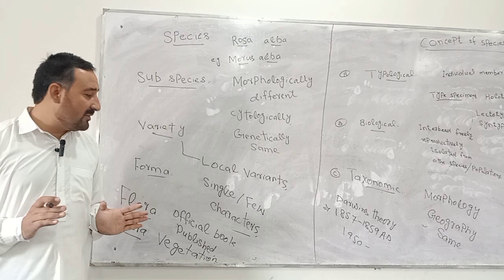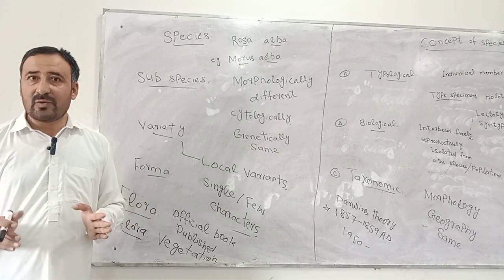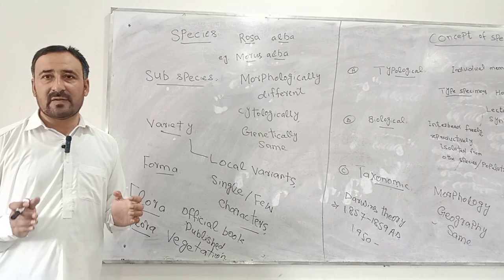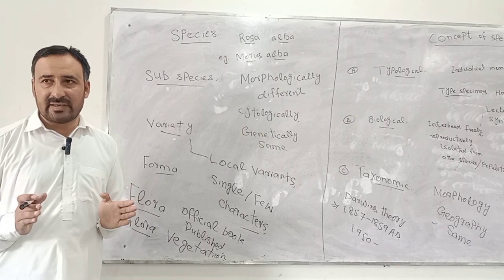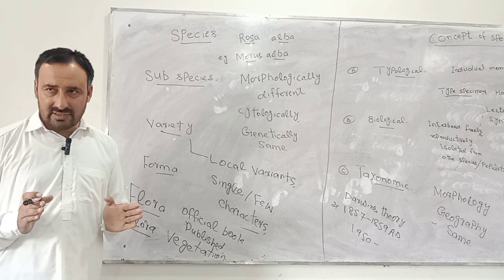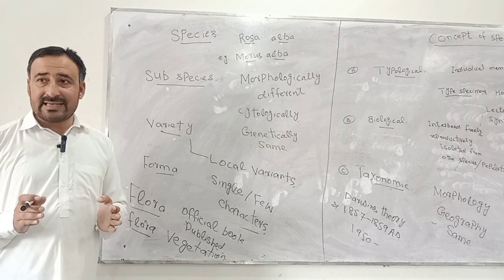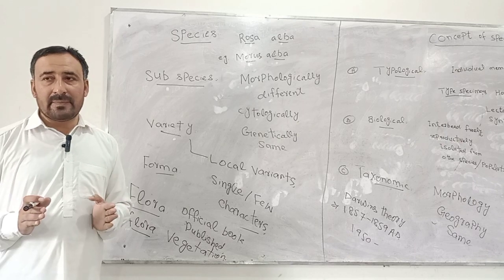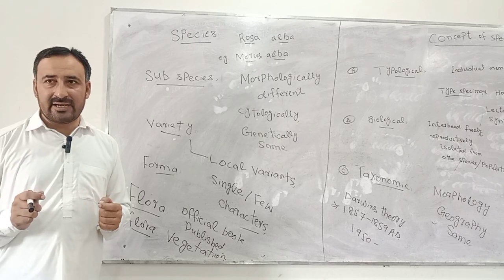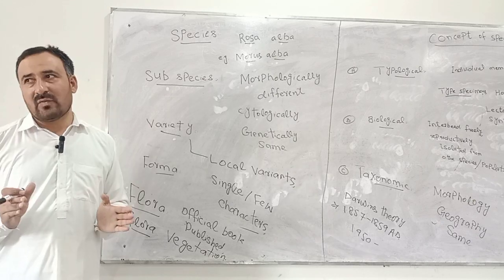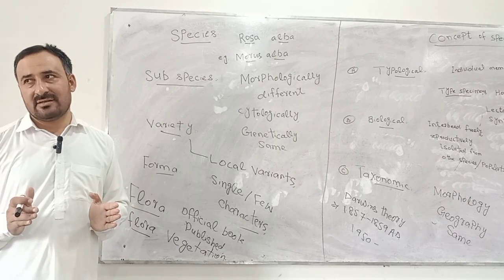For example, Flora of Pakistan, Flora of India, Flora of China, Flora of Germany, Flora of North America, Flora of South America, etc. So Flora written with a capital F is an official book published by the government and it is officially recognized, and it has the names of all the species mentioned.